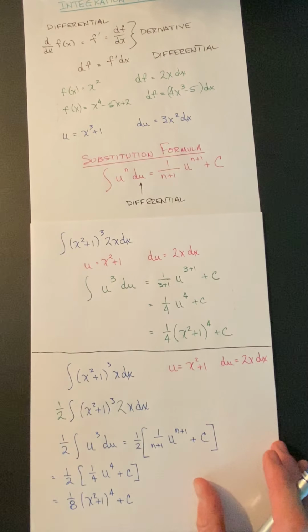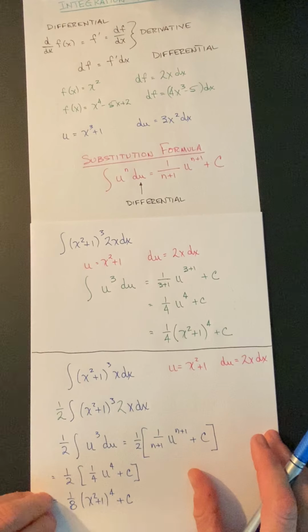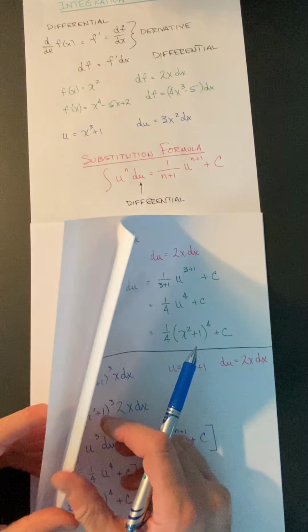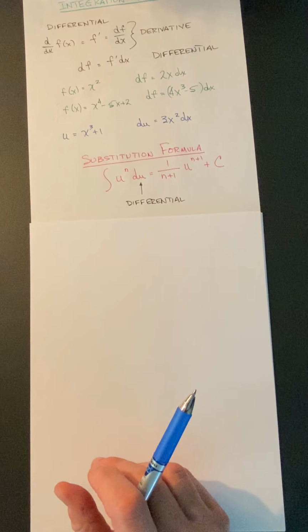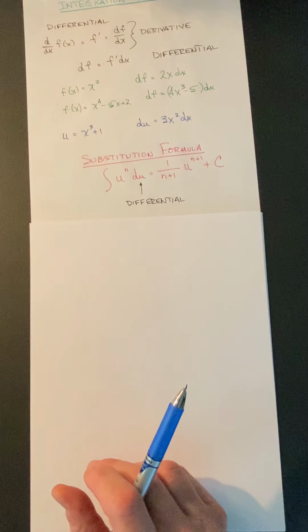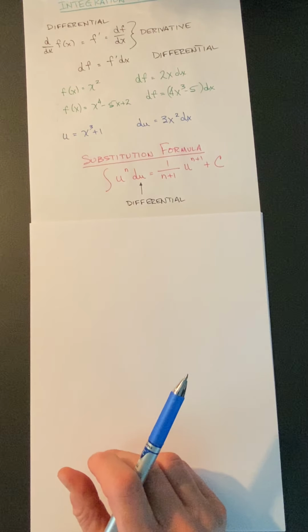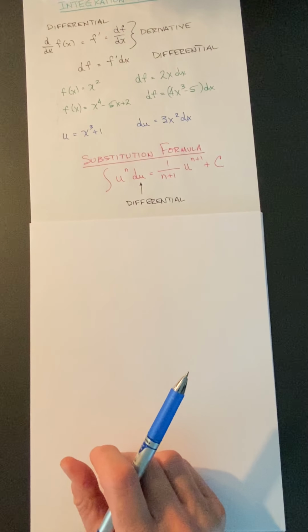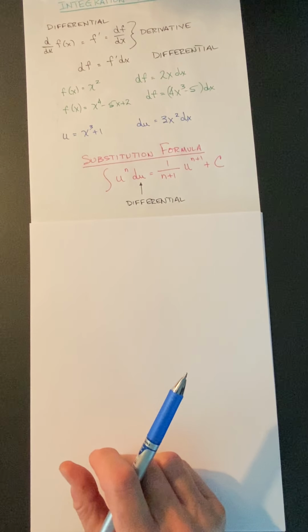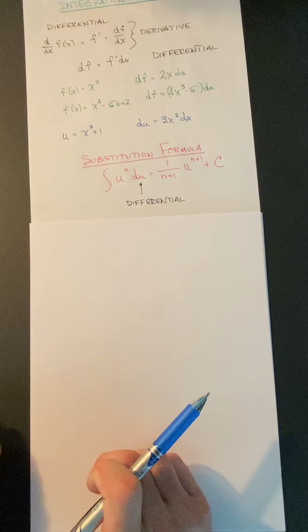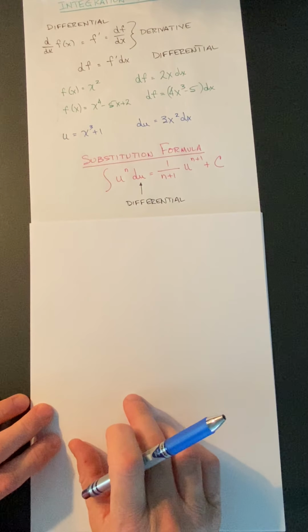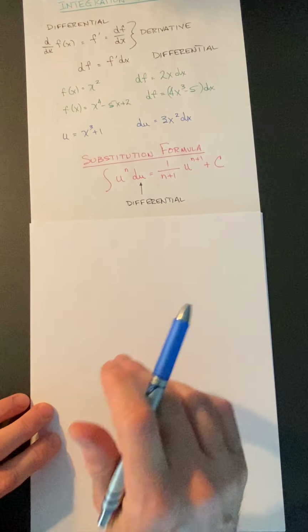So let's see if we can do another example here, if I can find one for us real quick, and see what we can do with one of those, all right? Let me see here. How about, let's look at the following.